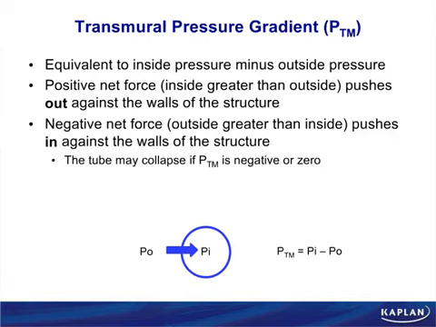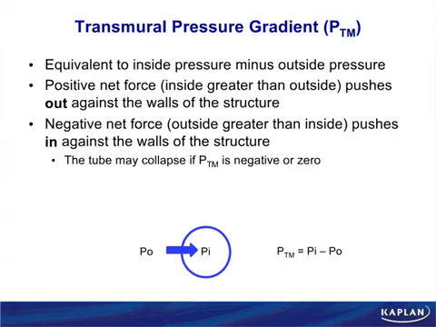And collapsible tubes may collapse. They could collapse even if it's 0, depending upon their forces, i.e. alveoli, which have that inward recoil force. So structures that don't have a lot of integrity, like veins, alveoli, small airways, if I get a negative transmural pressure gradient, then there's a great tendency for them to collapse. And all that means is outside pressure is greater than inside.